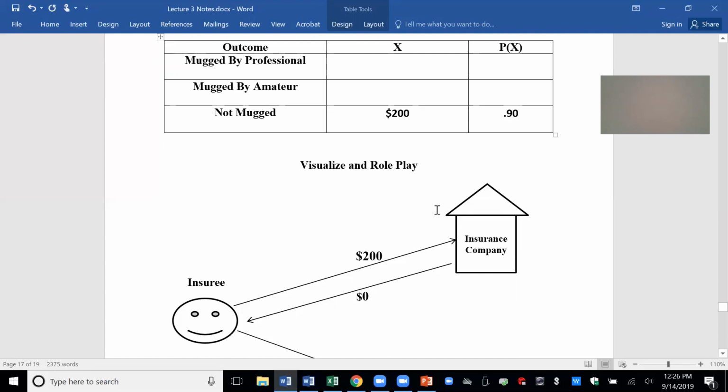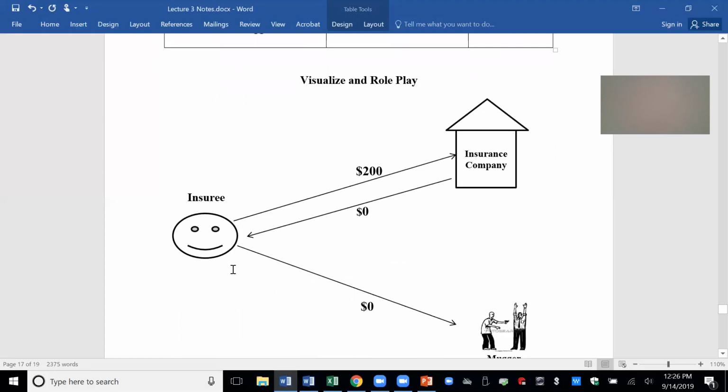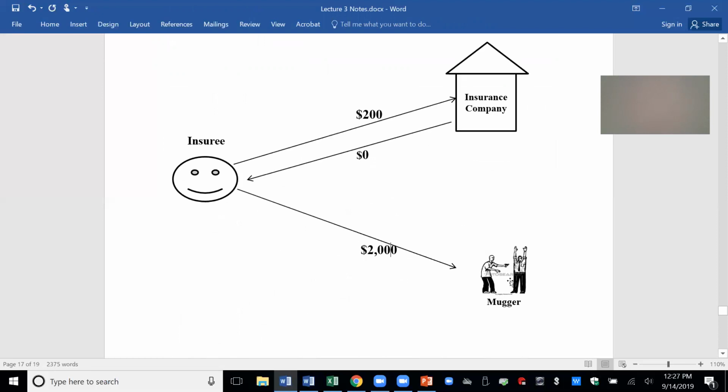If we are mugged by a professional, what happened? Well, here's my insuree. They beat the crap out of him and took $2,000. So $2,000 went from the insuree to the mugger here.